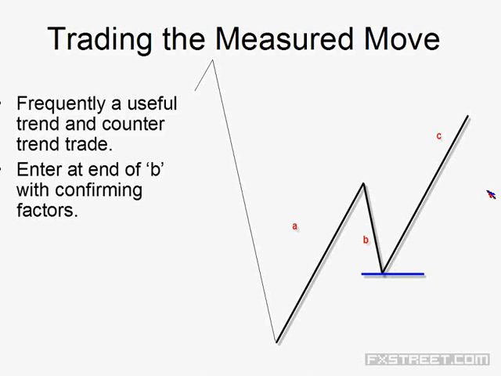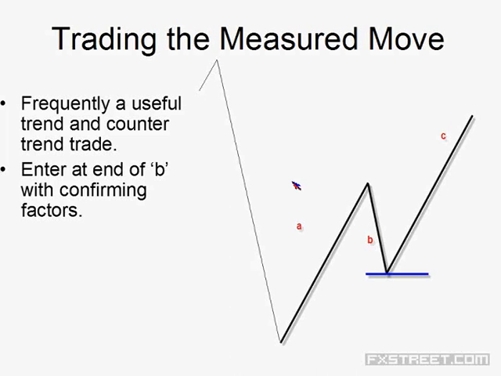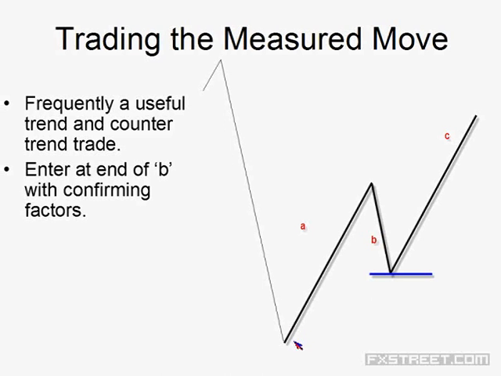So for those people who are looking at Elliott Wave for the first time, then what I'm looking at as one of the easier ways to trade Elliott Wave rules is to look for something that appears to be a trend that's kicked off, and then let's look for the correction.